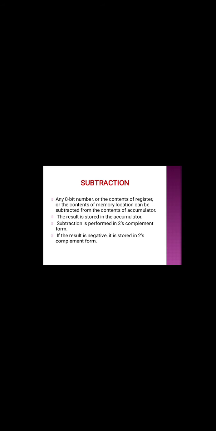Next is subtraction. Any 8-bit number or the content of a register or memory location can be subtracted from the content of the accumulator, and the result is stored in the accumulator. Subtraction is performed in 2's complement form. If the result is negative, it is stored in 2's complement form.